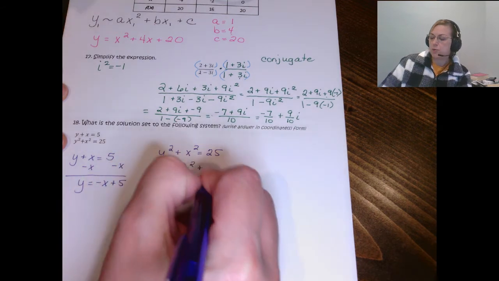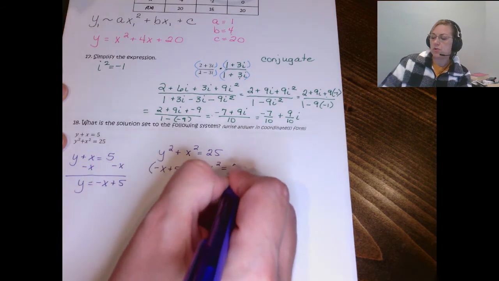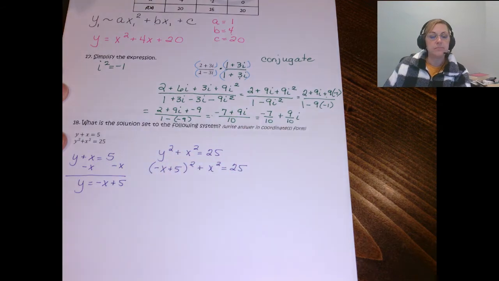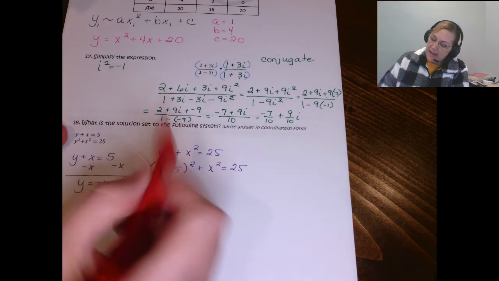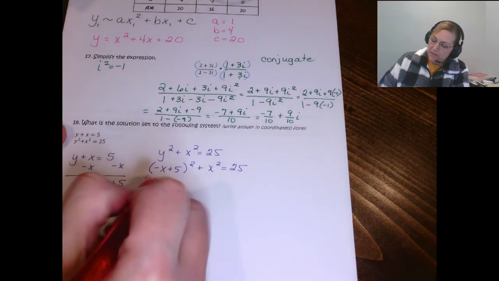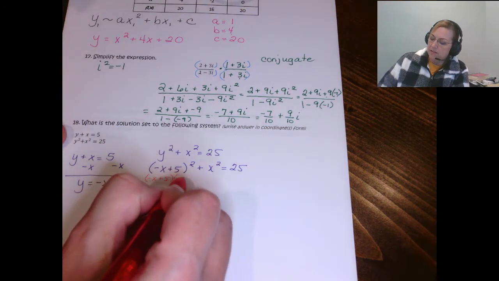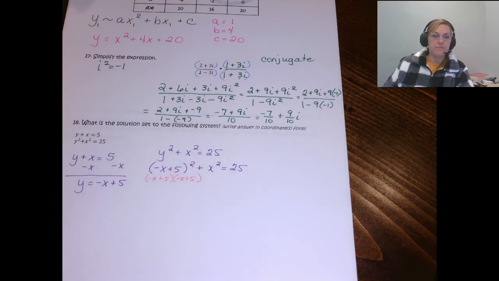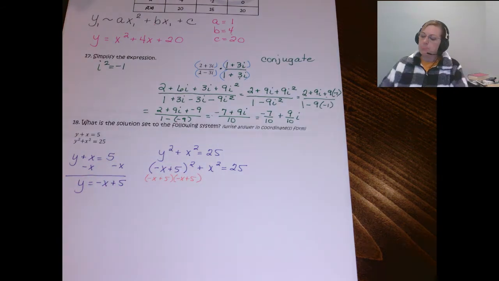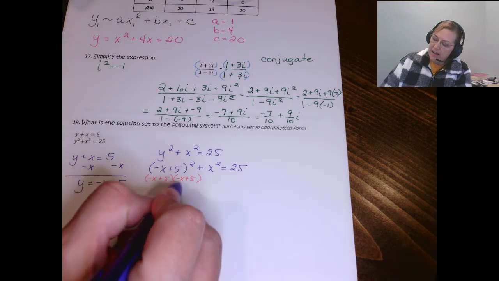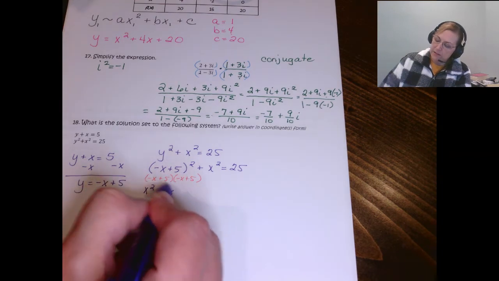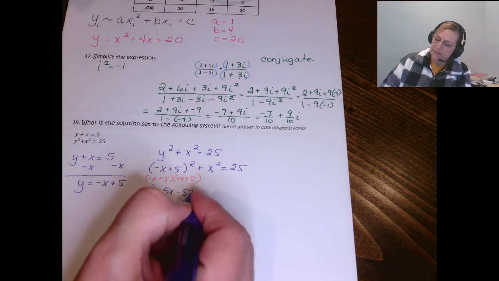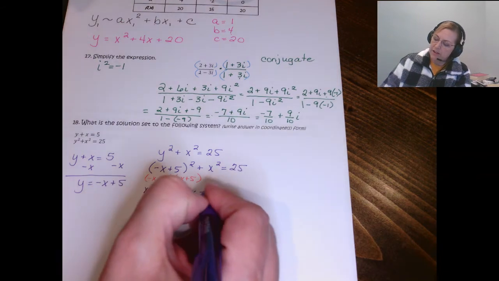Notice I put it in parentheses so that I would be sure to square it. So I want you to be thinking of that one as -x plus 5 times -x plus 5. Think about foiling that to get x squared minus 5x minus 5x plus 25.